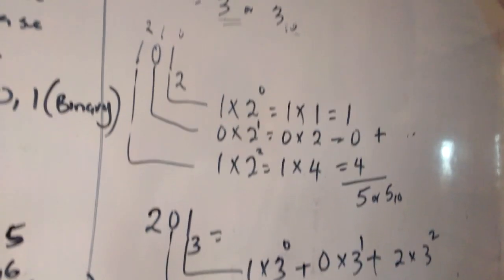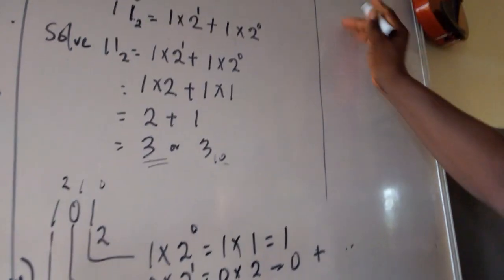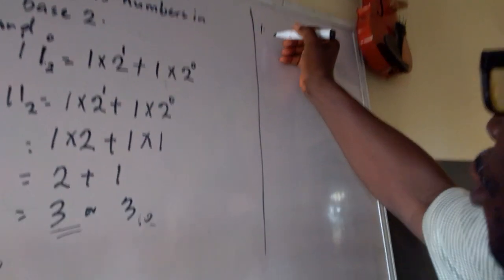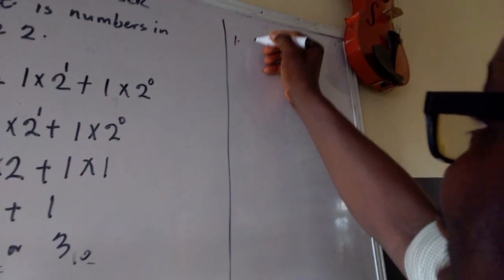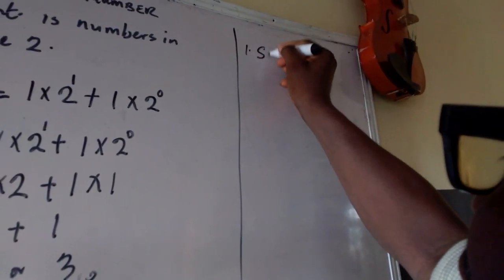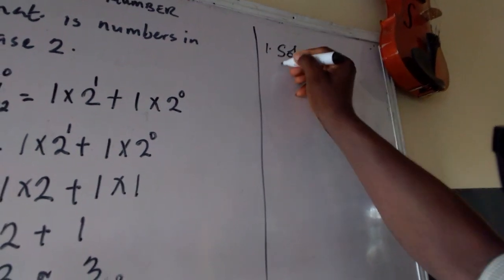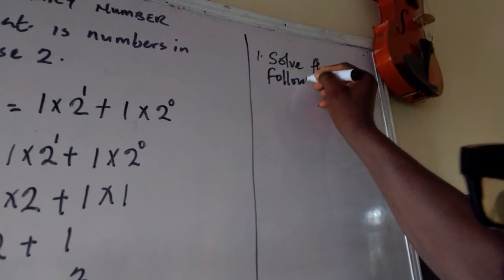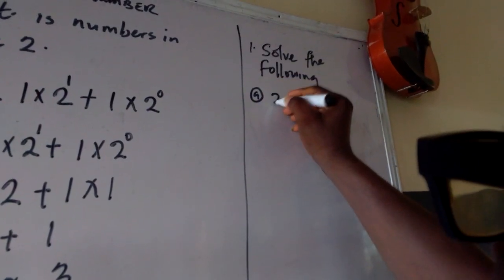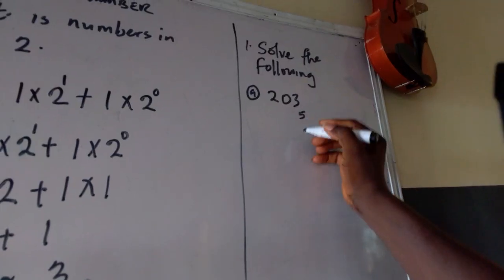So we can also solve other ones ourselves. I want you to solve this at home and get back to me in the comment section. If I give this as your homework or classwork, I could say solve the following: A, 203 base 5.